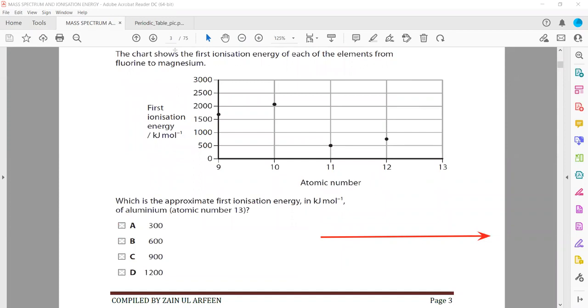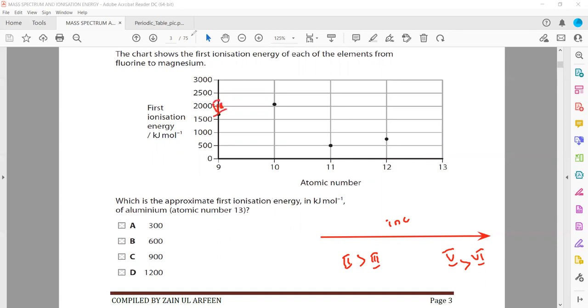But we find that there will be a difference between group 2 and 3. Group 2 ionization energy will be more than group 3, and between group 5 and 6 we also find a difference. The group 5 ionization energy will be more than group 6. The rest all follow the sequence, but only two differences are there. So here this is fluorine, which is a group 7 element.